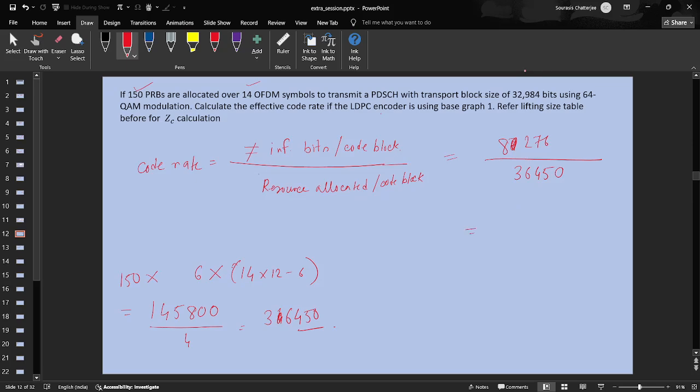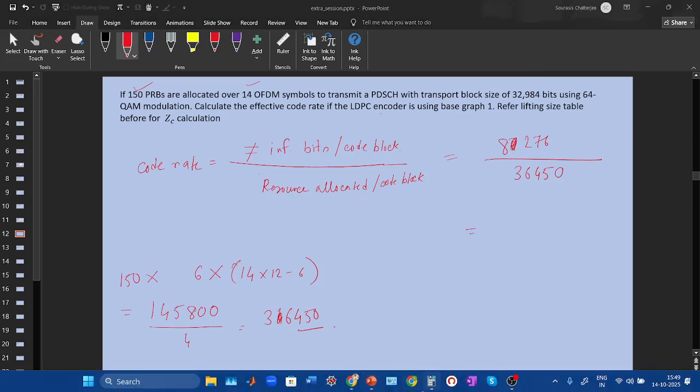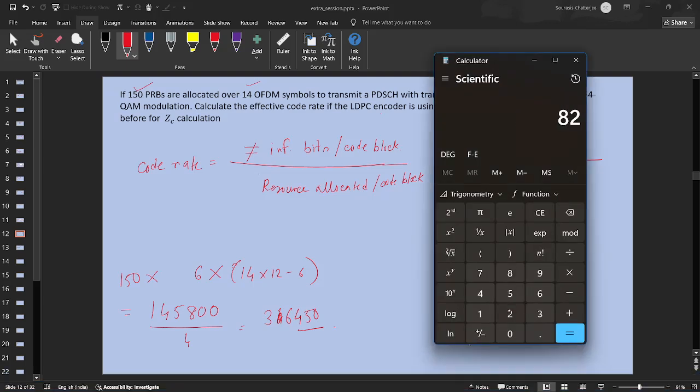So this should be my effective code rate, right? Yes. 8276 divided by 36450, that is 0.227.